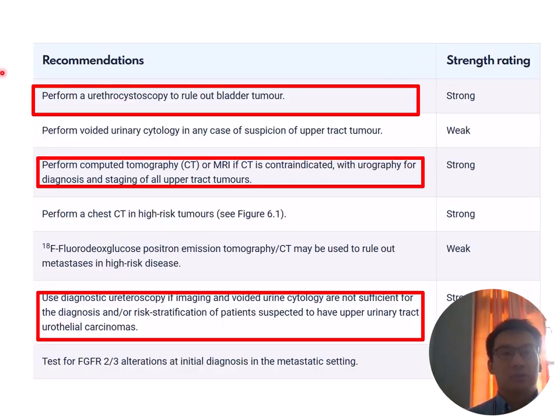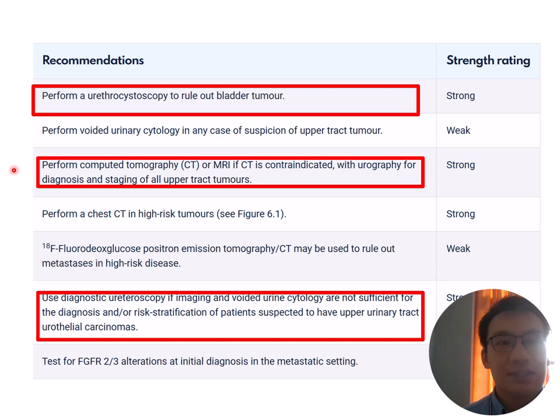From EAU, it was suggested for us to perform a cystoscope to rule out bladder tumor. As I have mentioned earlier, if bladder imaging is positive for bladder tumor, you can perform a cystoscope on table, followed by a resectoscope on table for a TURBT.